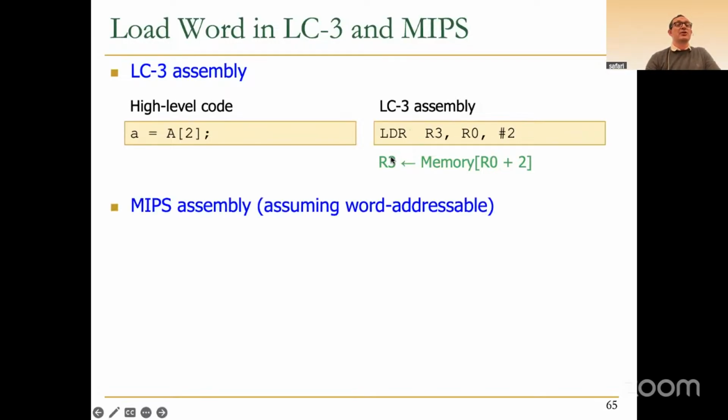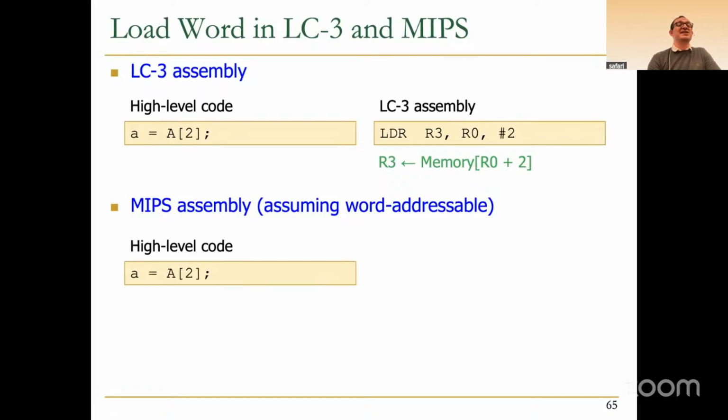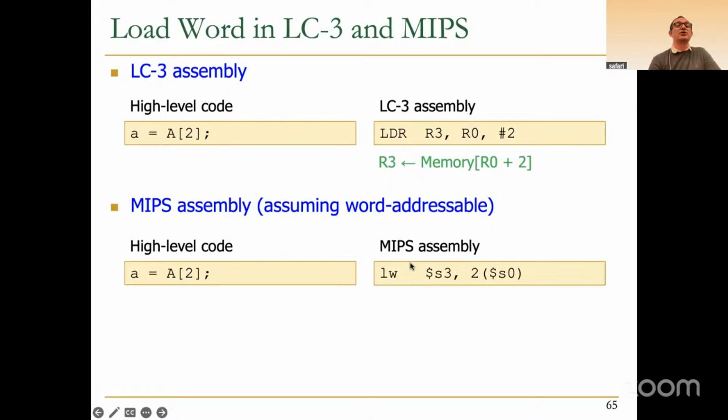Okay, if you look at MIPS assembly, it's going to be very similar essentially. The same high-level code translates into a load word instruction. The syntax is a little bit different, but it's essentially the same thing, right? What we do is this: the base address is in S0. We get the value over there, add to it 2, and access memory, get the data, put the result into destination register S3.